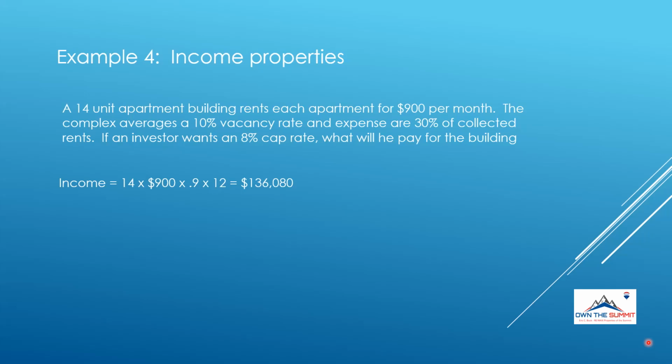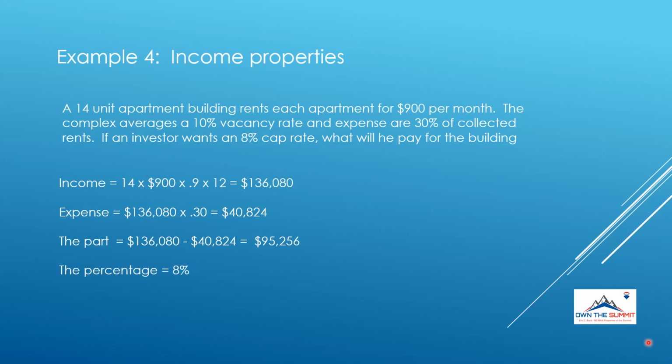We have expenses, which we said were 30% of collected rents, so that's $40,824, which we subtract from the $136,080, and we have net income of $95,256. That's our part. Our percentage is 8%. Divide our part by 0.08, and we get a value in the building of $1,190,700.